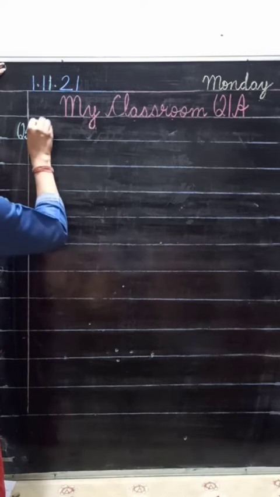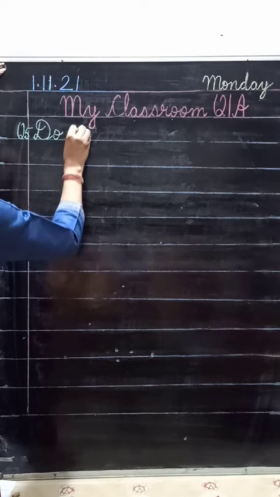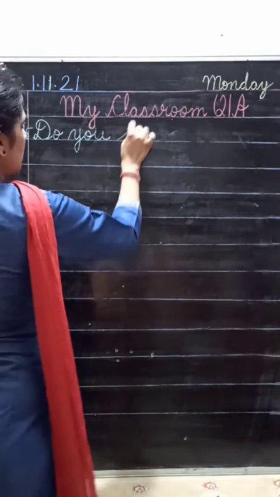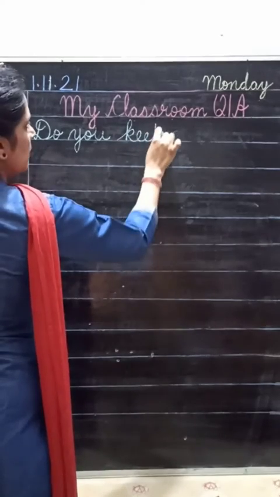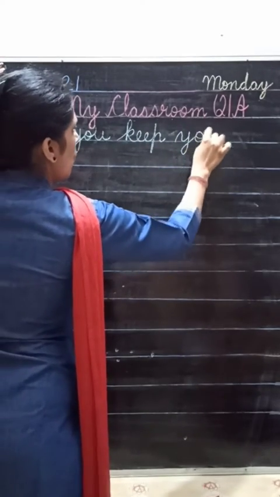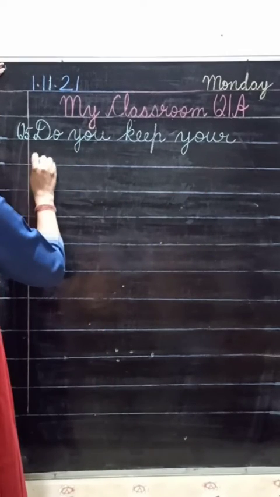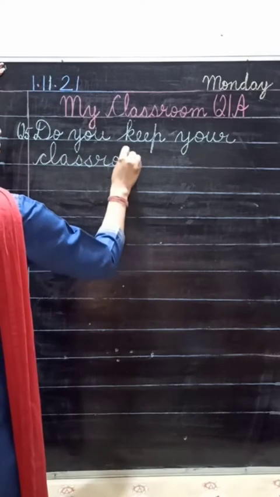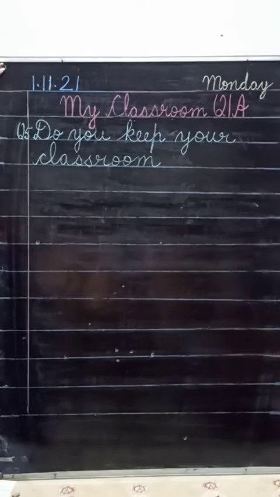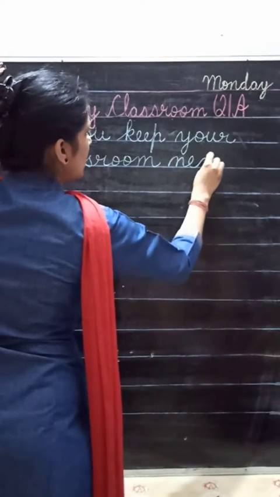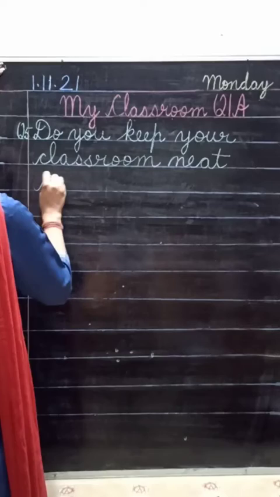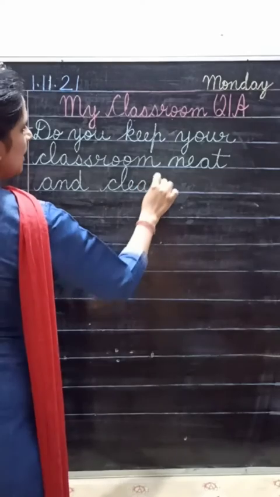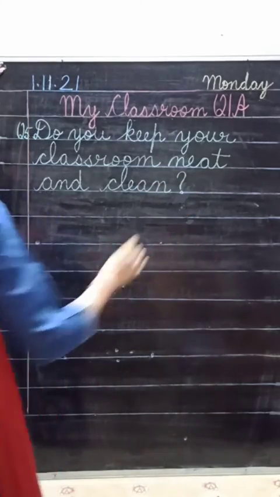Write down D-O, do, Y-O-U, you, keep, K-E-E-P, keep, your, Y-O-U-R, your, classroom, C-L-A-S-S-R-O-O-M, classroom, neat and clean, N-E-A-T, neat, and, A-N-D, and, clean, C-L-E-A-N, clean. Put a question mark here.